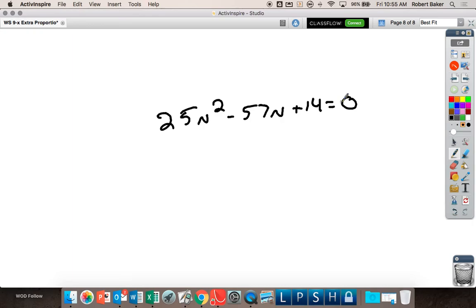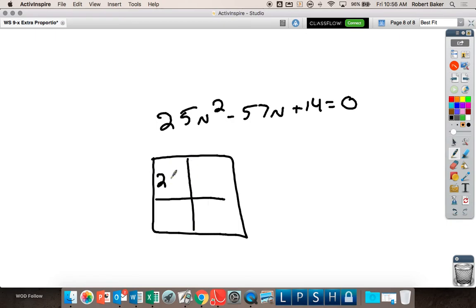So I'm going to build a box. 25n squared and 14. If you multiply these two numbers, what do you get? 25 times 14, a large number. 350.